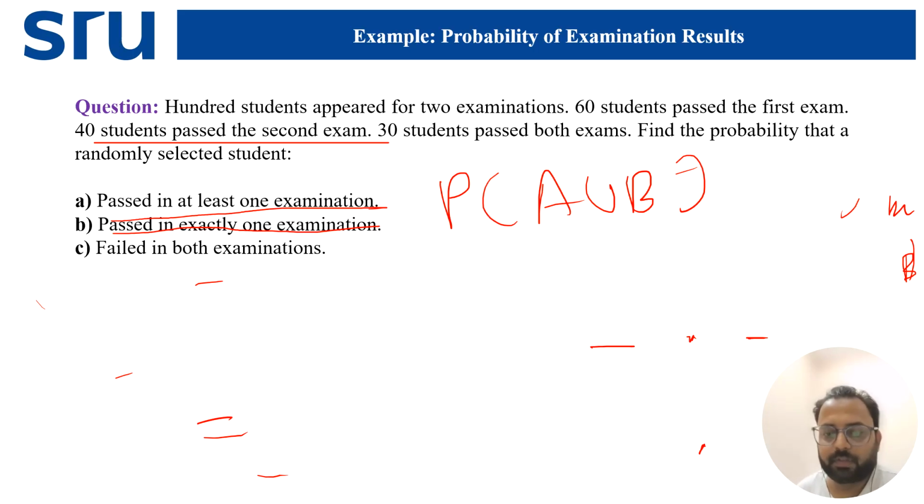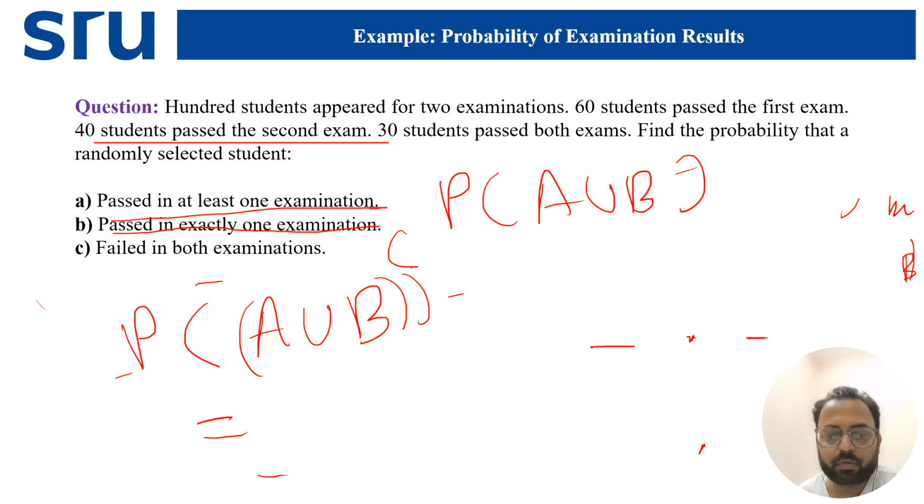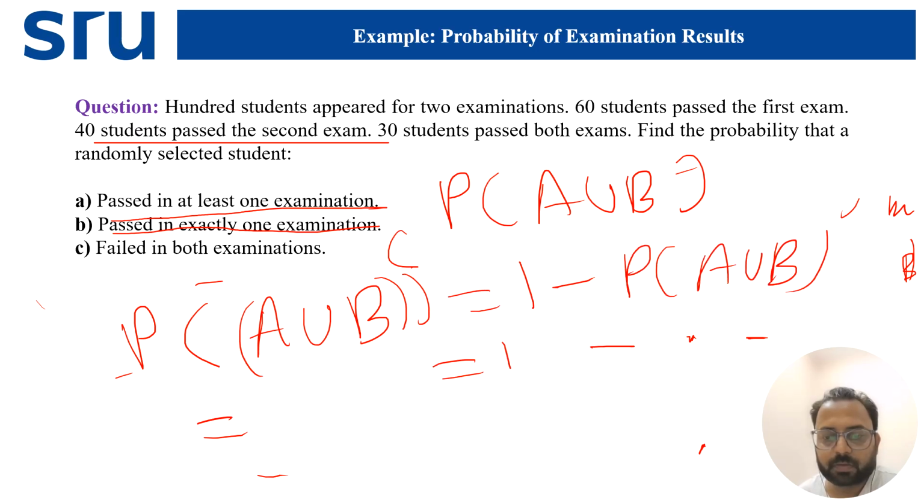If we take the complement of this, we get failed in both, which is 1 minus probability of A union B. We have already calculated A union B is 0.7, so 1 minus 0.7 is 0.3.